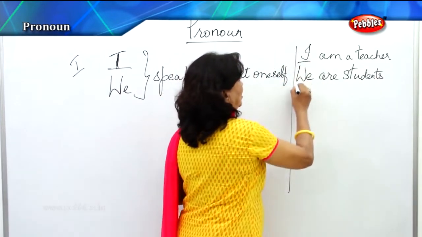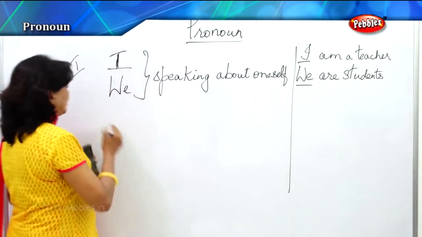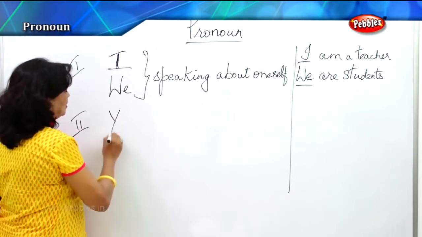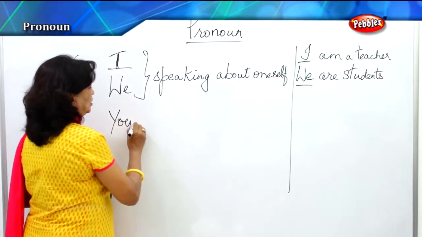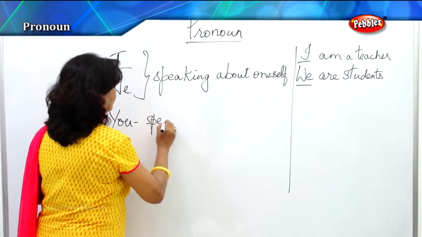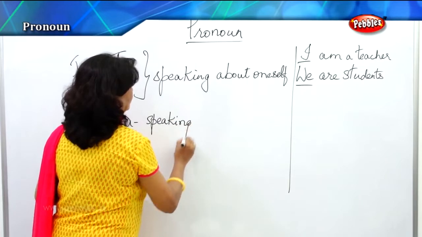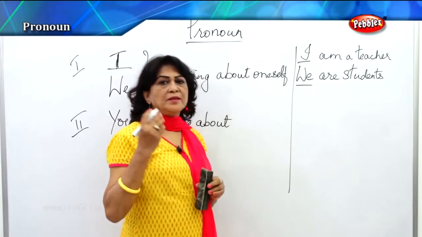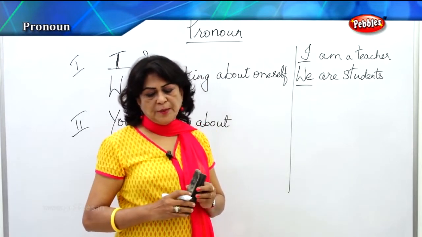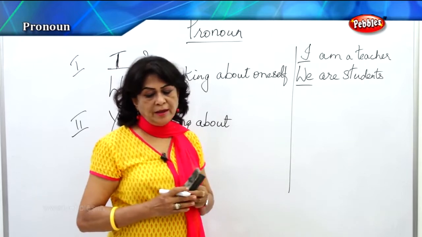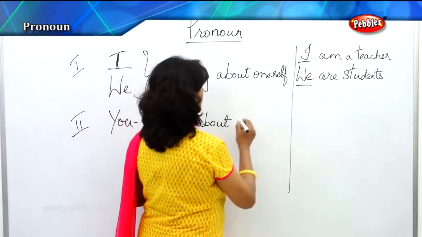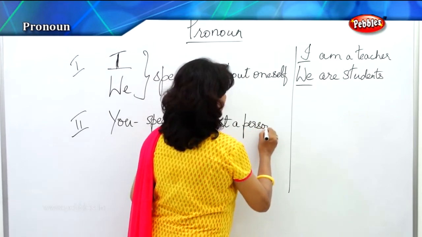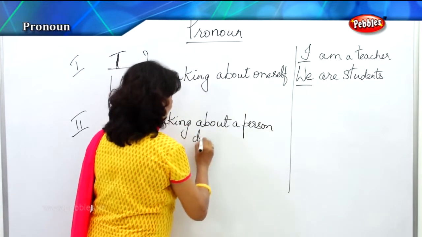Okay, I and we. Now next is second person singular and plural, we only use you, that is speaking to a person directly in front of you.